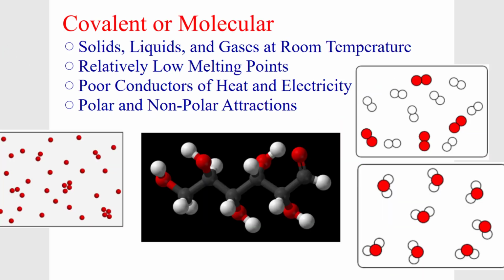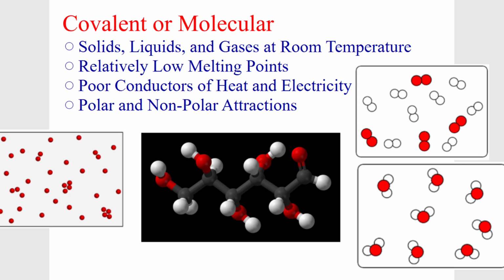And then the weakest of our intermolecular forces are the covalent or molecular solids, liquids, and gases. These are all three different states. You can see we can have just atoms themselves, we can have large molecules, we can have smaller molecules, we can have diatomic gases.